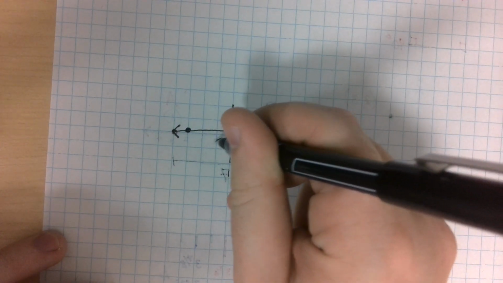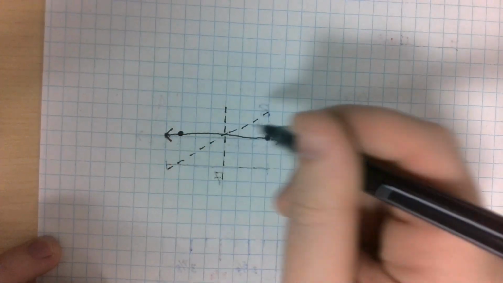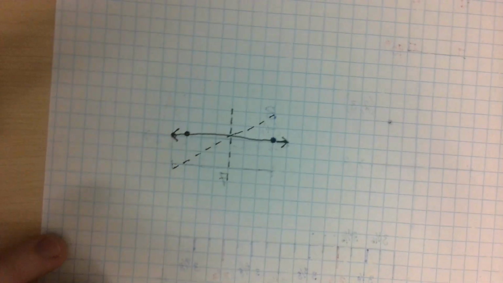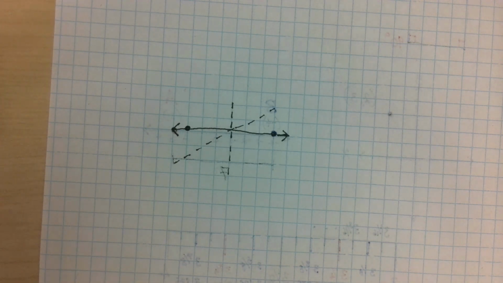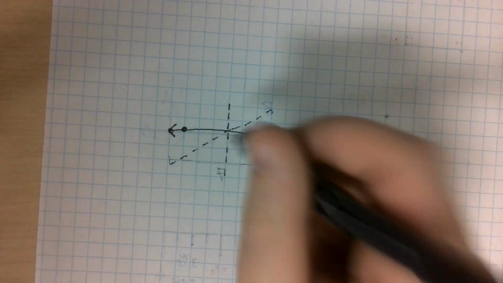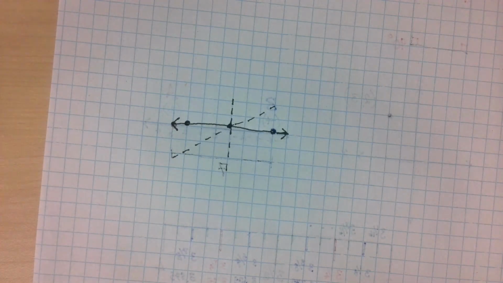Because according to the definition of a bisector, it just has to go through the midpoint. A bisector can go in any direction. There's a special type of bisector that we are going to be talking about in a little bit. But anything that intersects the segment at its midpoint here is a bisector. All right? All right.